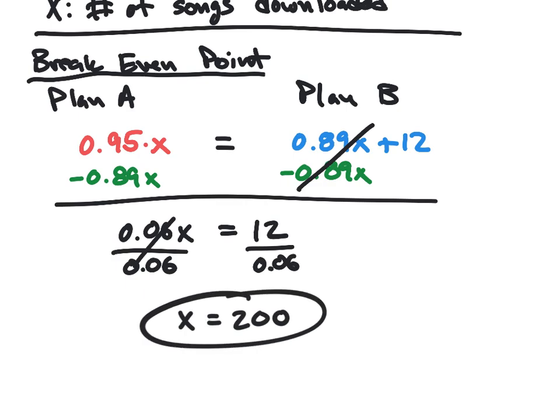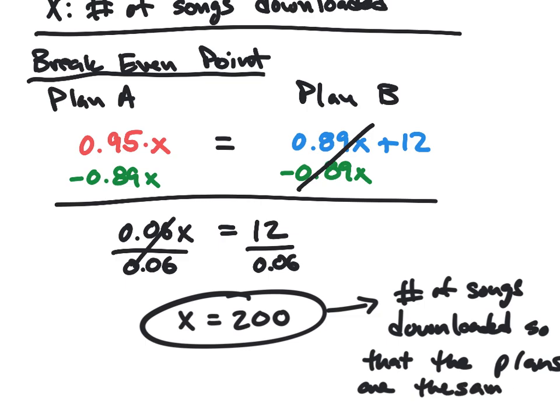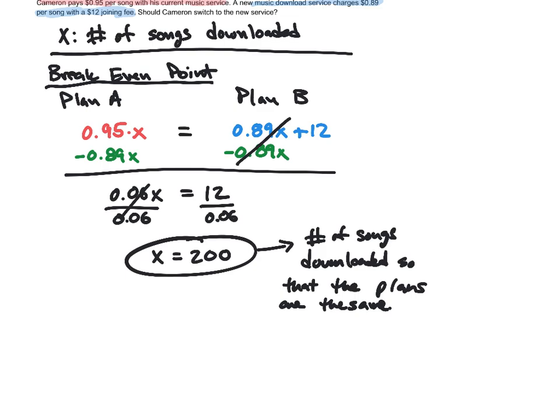Now, what this means is that this number is the number of songs downloaded so that the plans are the same. So the question is, should Cameron switch to the new service?